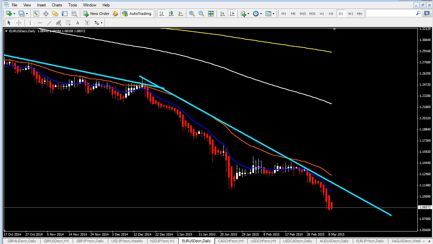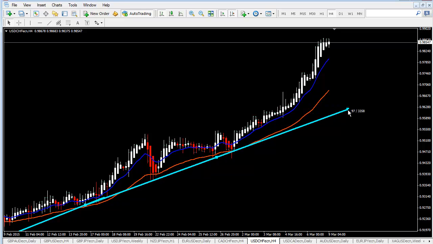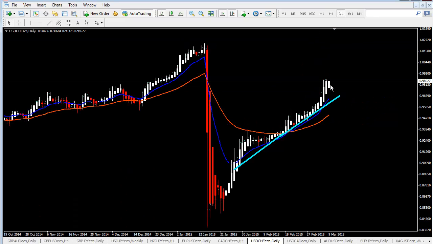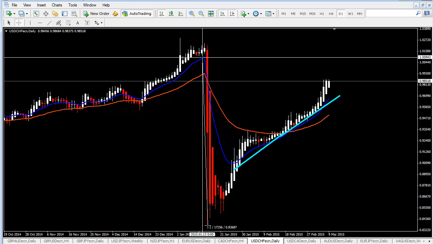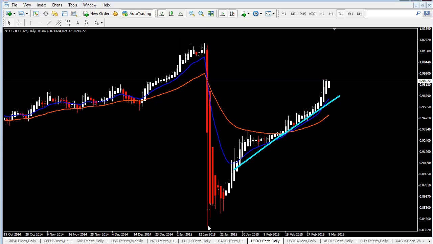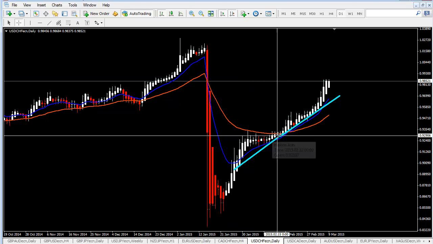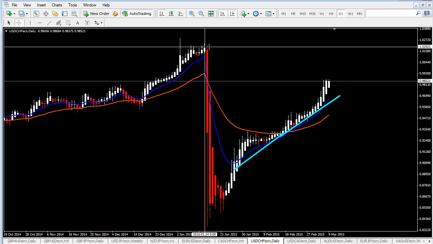There are some other pairs on my watch list. I mean, there are many pairs that you could watch, but not every pair is a potential setup soon. So USD CHF, as you can see, it's just still going up and up and up on the daily chart, on the weekly chart. This whole crash that killed a lot of trading accounts, and even brokers had to close their doors, seemed to be a fake break, really, because price didn't even stop at resistance, still slowly pushing up, trying to find the highs, probably even the highs before the crash.